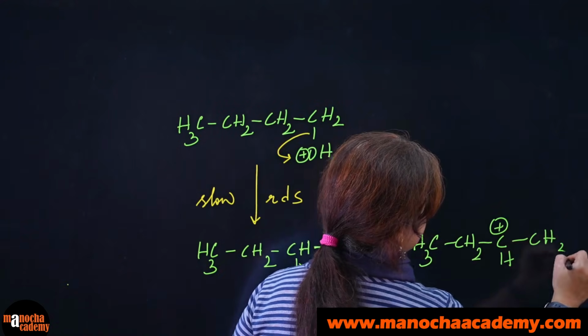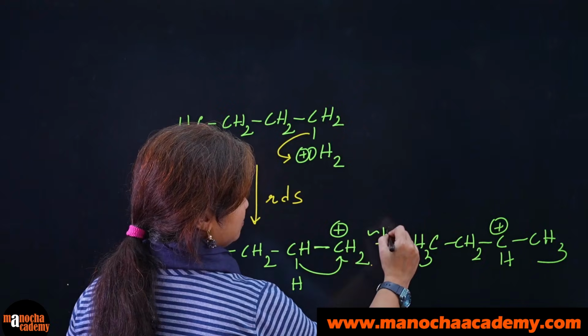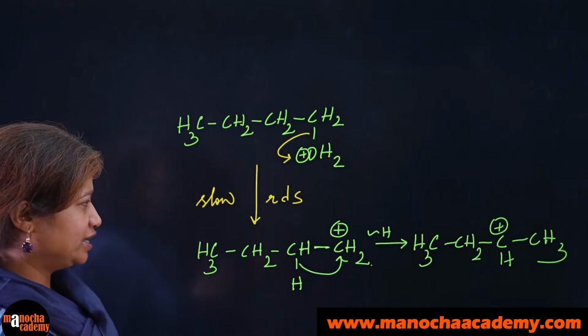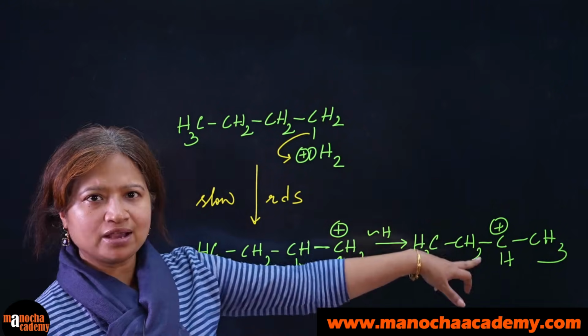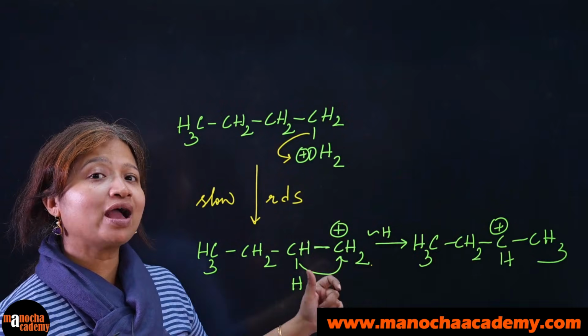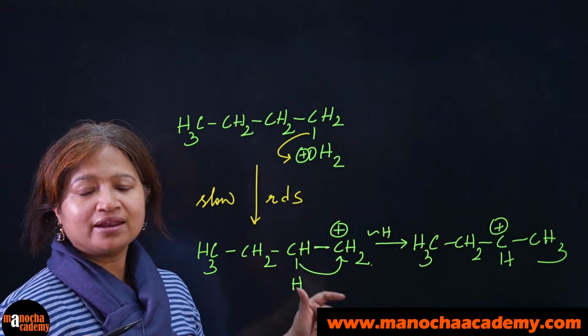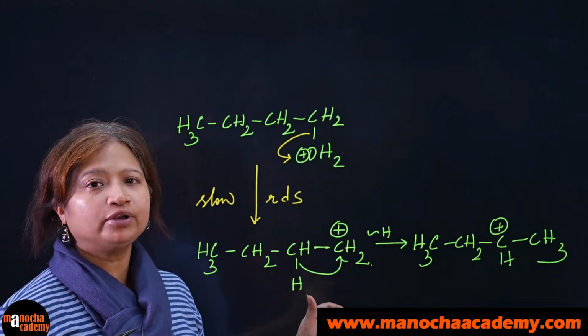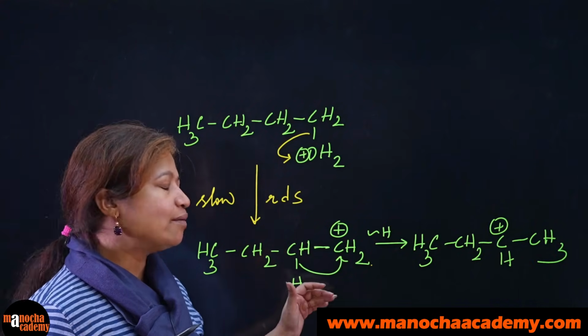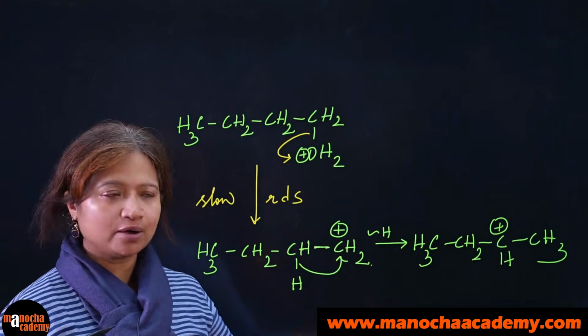The rearrangement is taking place. I'm not writing so much in detail. Hydride shift is taking place to form a more stable carbocation. This is possible because you're having an intermediate here, and the stability of the intermediate is a very important factor. So 1 degree carbocation moves to the most stable 2 degree carbocation.